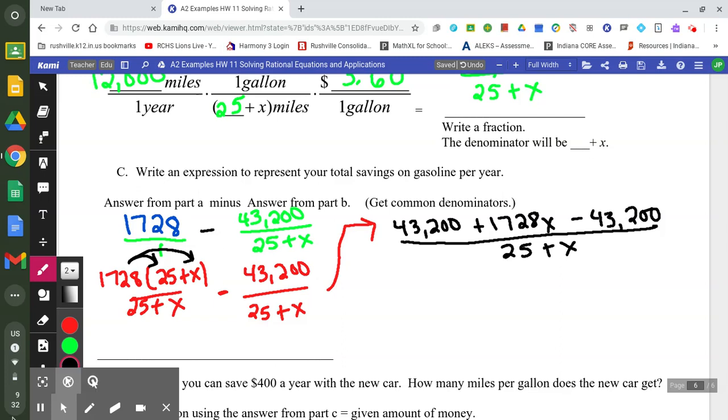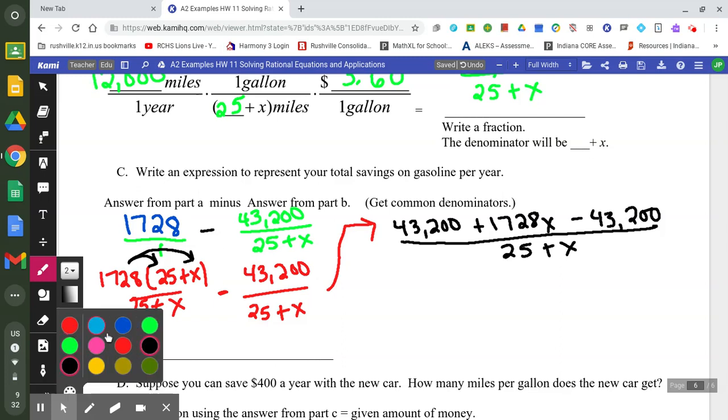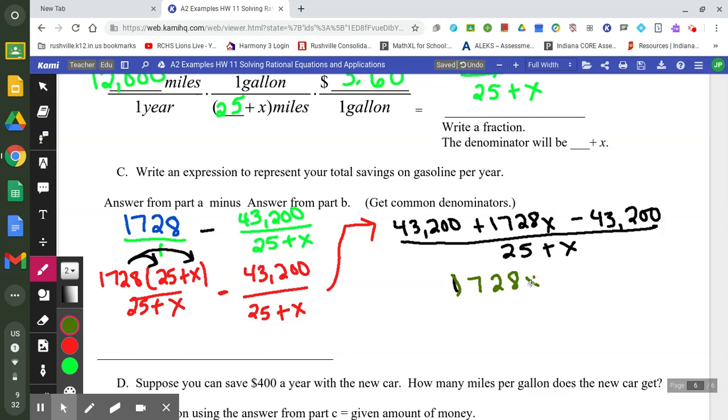So my answer to C, I'm going to leave in this form, which is 1,728X over 25 plus X. And that's what they want you to put in Math Excel.